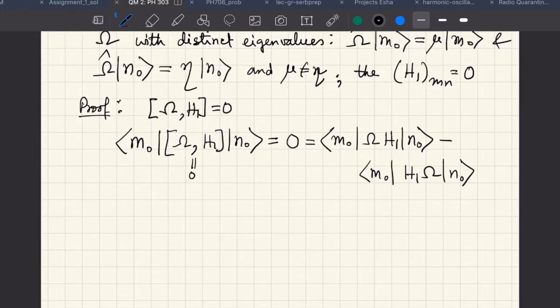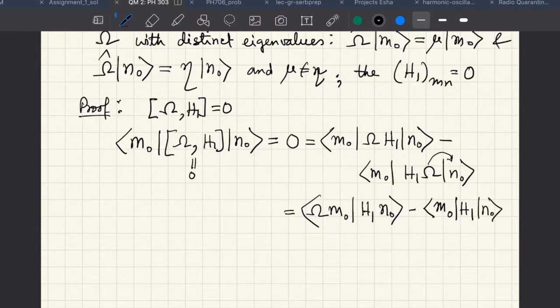And this we can write as omega m0 and H1 acting on n0, minus m0 H1, and I know what omega acting on n0 gives. It gives eta n0. So eta is a number, it comes outside. And also similarly, omega acting on m0 gives us mu m0.